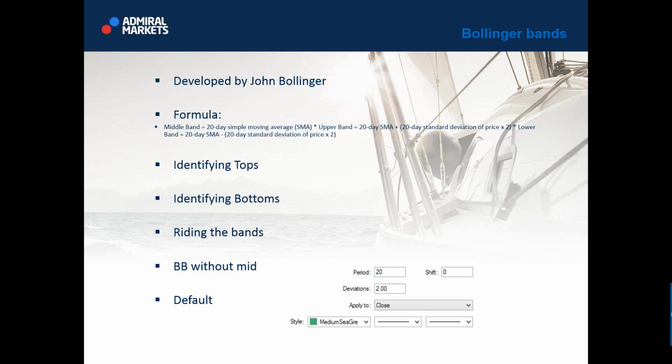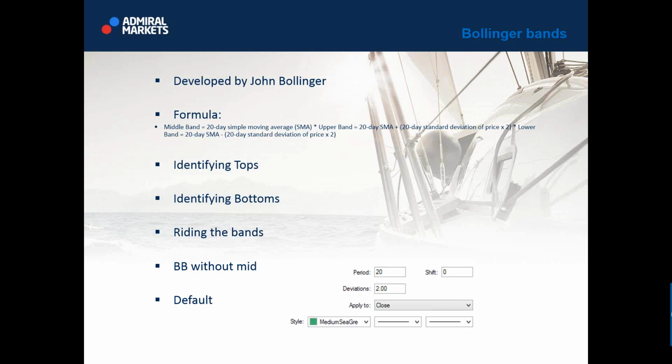Okay, so with that said, we can safely conclude that Bollinger Bands can be used in trend trading by riding the bands, then in counter trend trading by identifying tops and bottoms, then in breakout trading by identifying a squeeze.